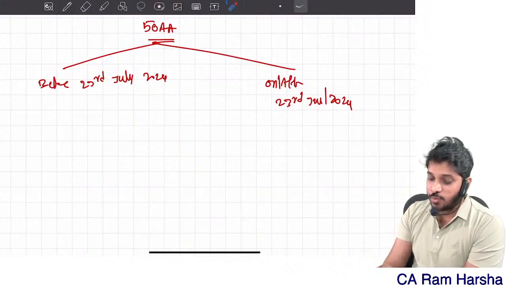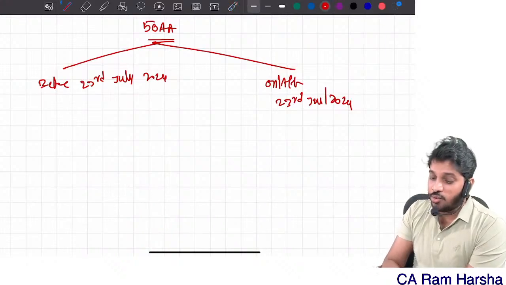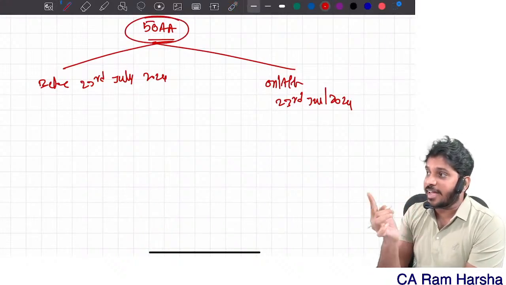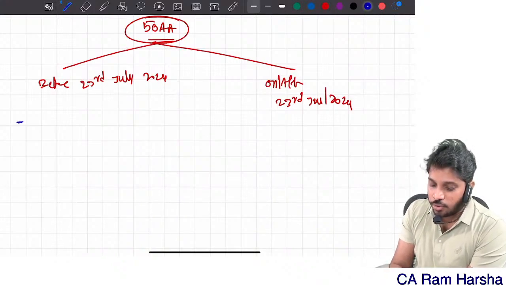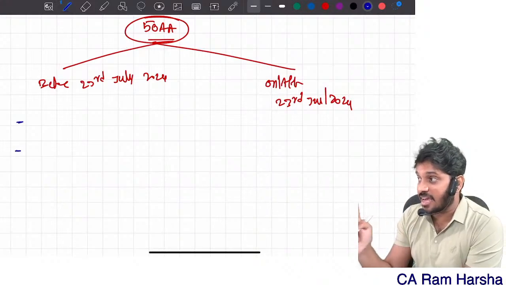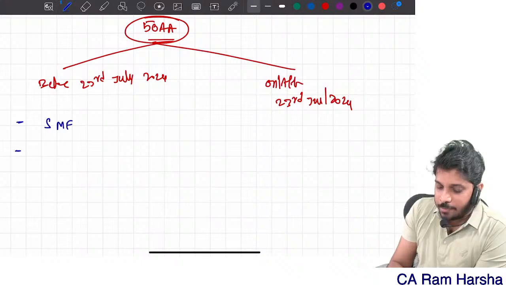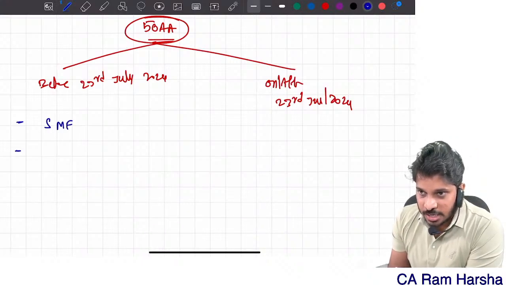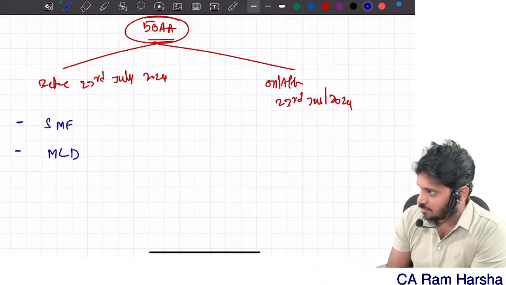Now, one date is what? Before 23rd July, on or after 23rd July. How is this section modified? That is the question. Before 23rd July, only two types of assets are covered under 50AA: specified mutual fund and market linked debenture.